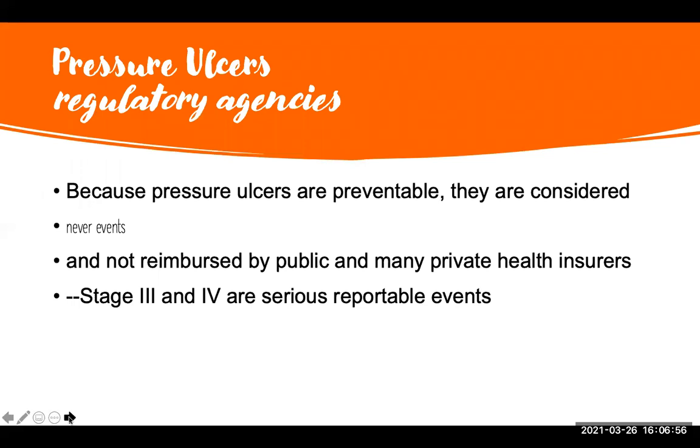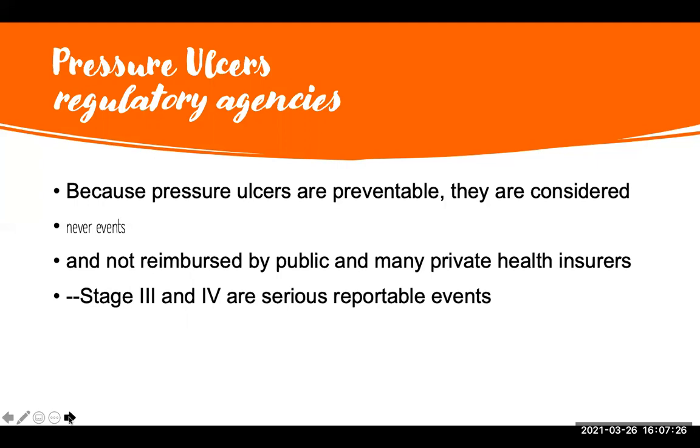All right, so our goal is to prevent pressure ulcers. There are regulatory agencies that are watching this closely in hospitals because pressure ulcers are preventable and they are considered never events. They should never occur because all we need to do to prevent this is to move our patients, turn the patients, not neglect them.